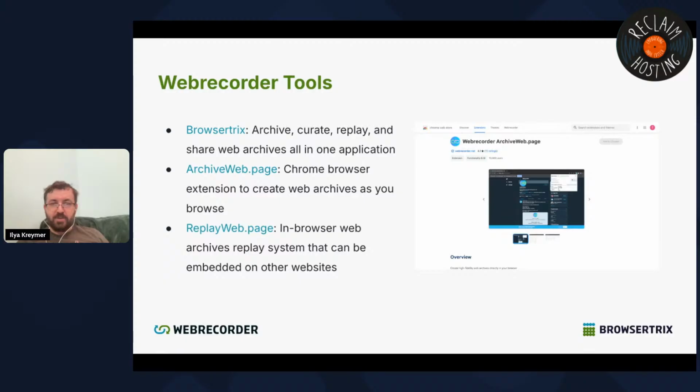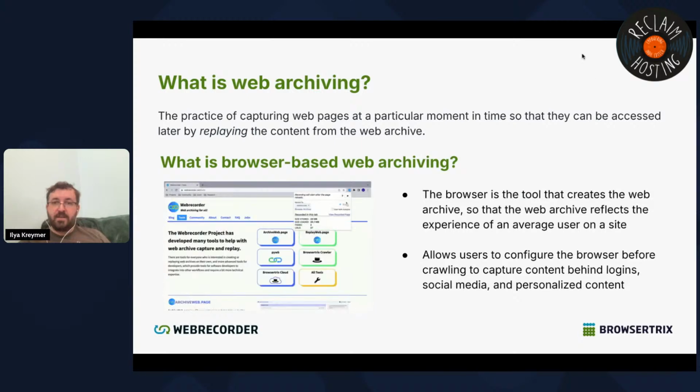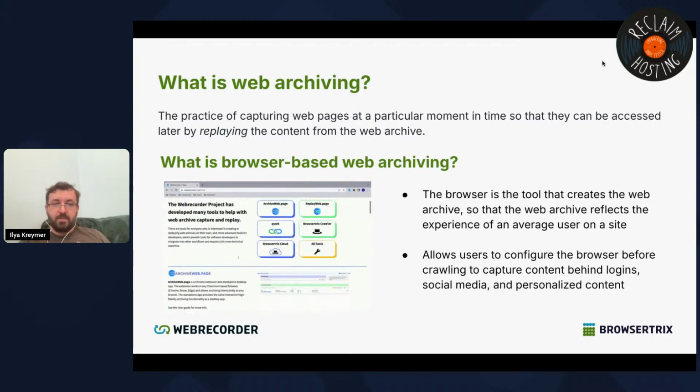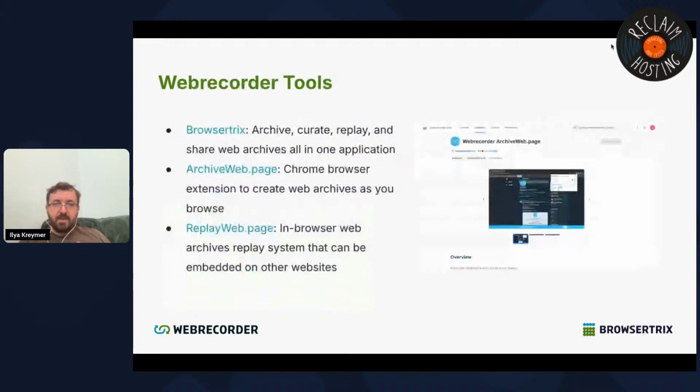And just a brief overview of some of our tools. Browsertrix is our main automated archiving tool. We have an integrated application that allows you to start crawls, manage crawls, and view everything that's been archived automatically.